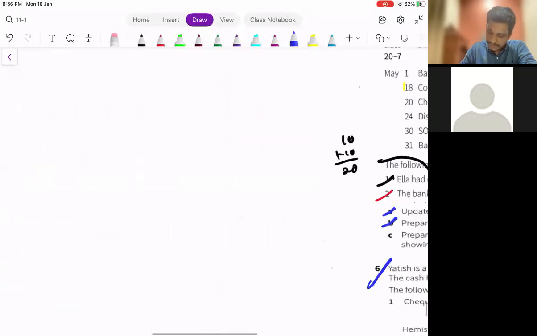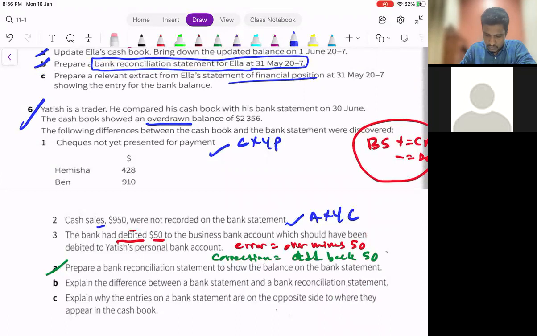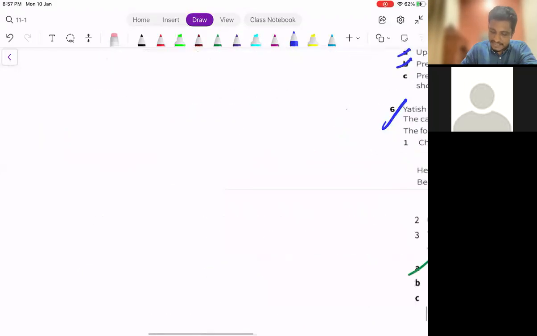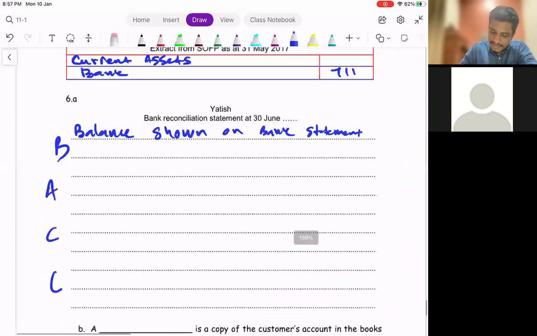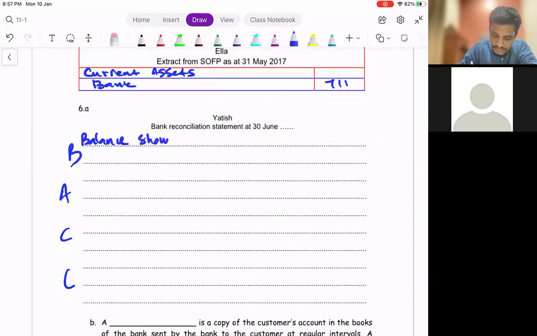How much? Oh, the question didn't give me how much the balance shown on the bank statement is. It's okay. We leave it empty first. We don't know. The question didn't tell me. I write a smaller bit. Balance shown on bank statement.